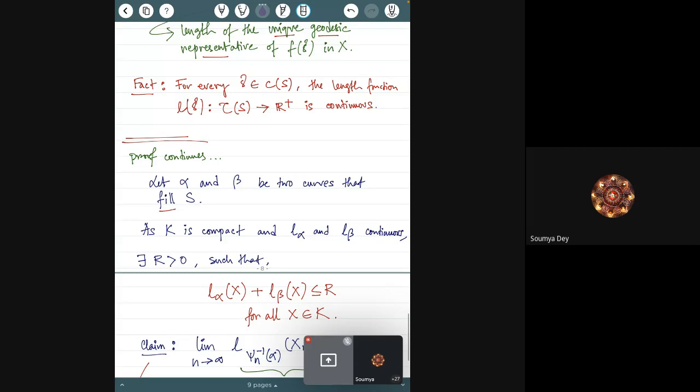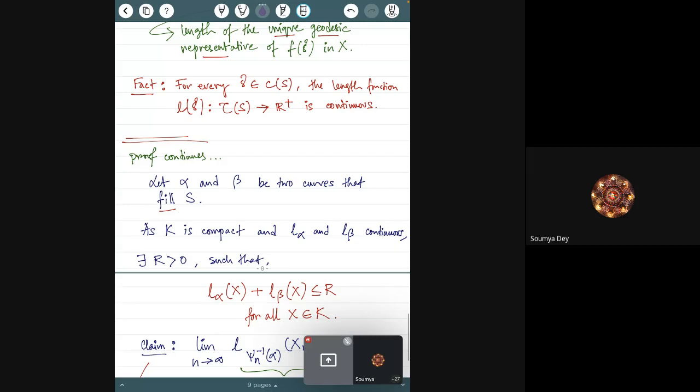This means that if you remove these alpha and beta from your surface, what you will get is a disjoint union of disks. So you have such a pair of curves, alpha and beta. Now, corresponding to alpha and beta, you have the length functions, right? You can talk about L of alpha and L of beta, and these are continuous.